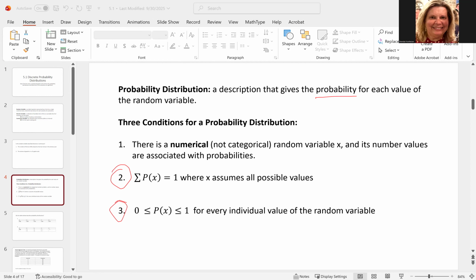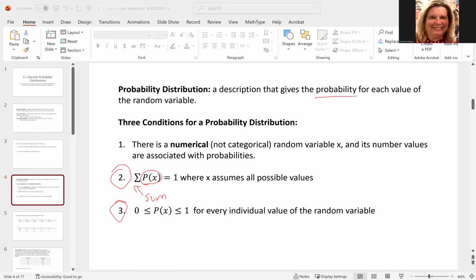First off, look at your notation. The sigma means sum, and P of X stands for probabilities. It's basically saying that if you look at a table and the sum of the probabilities is equal to 1, that's a condition met for a probability distribution. Really, it just tells you that you have all of the possible outcomes with their probabilities.